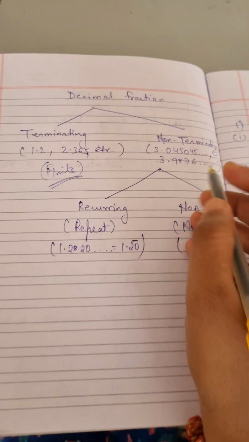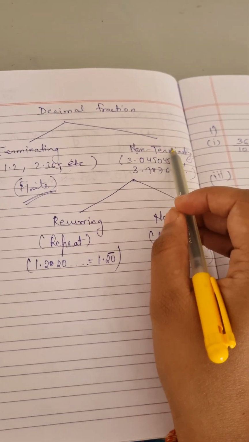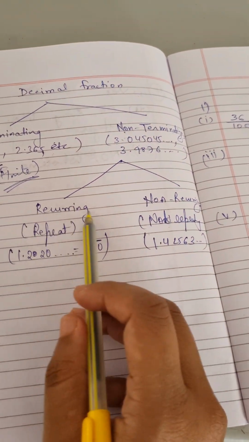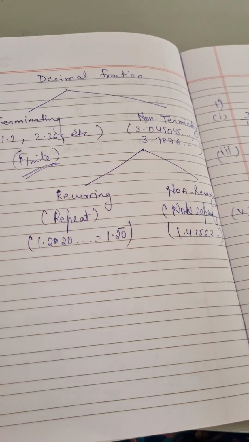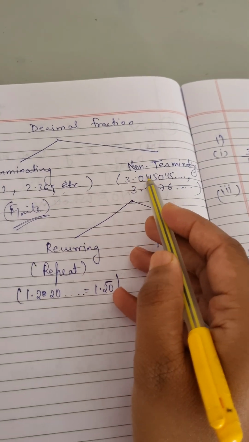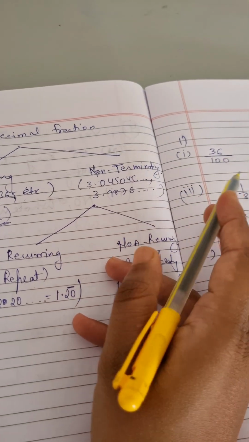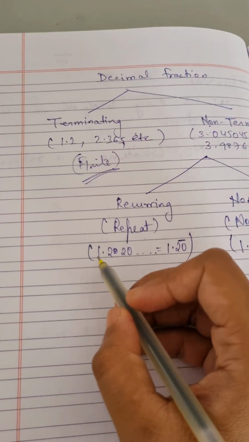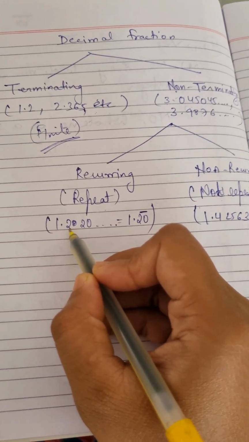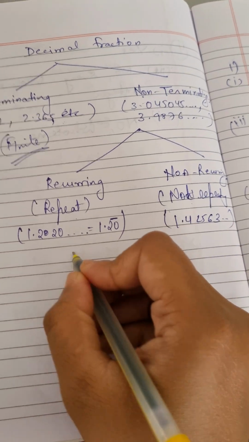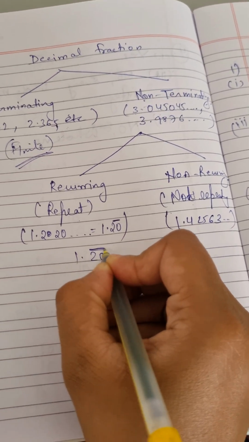Now, non-terminating has two parts, recurring and non-recurring. Recurring means repeating, the number which repeats itself. Like this number 3.045, 3.045, and 0.045 continues all the time. In the same way, 1.2020202020 was coming, so we can write 1.20 bar on 20.